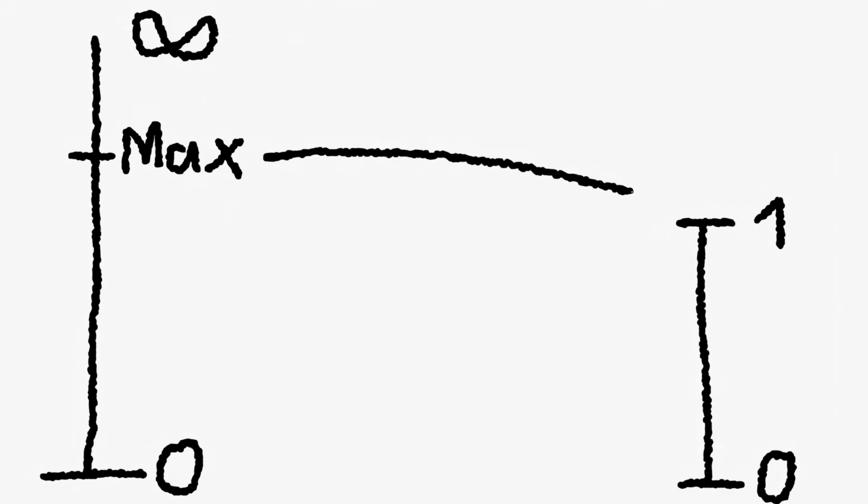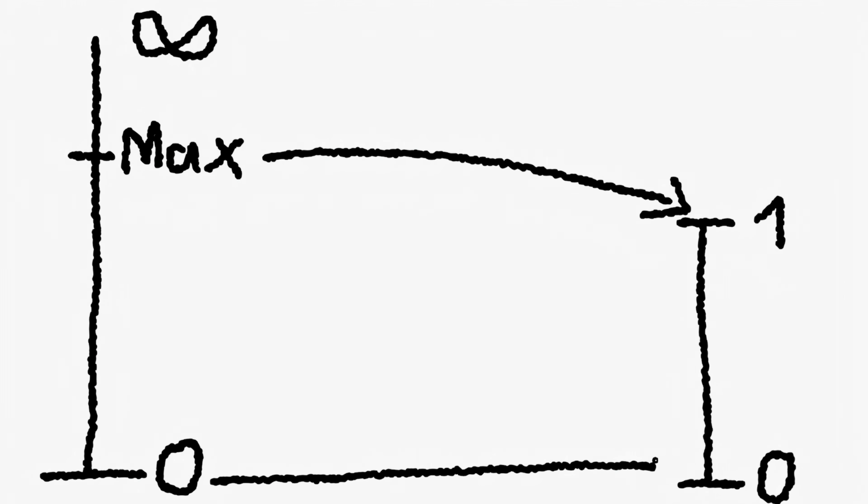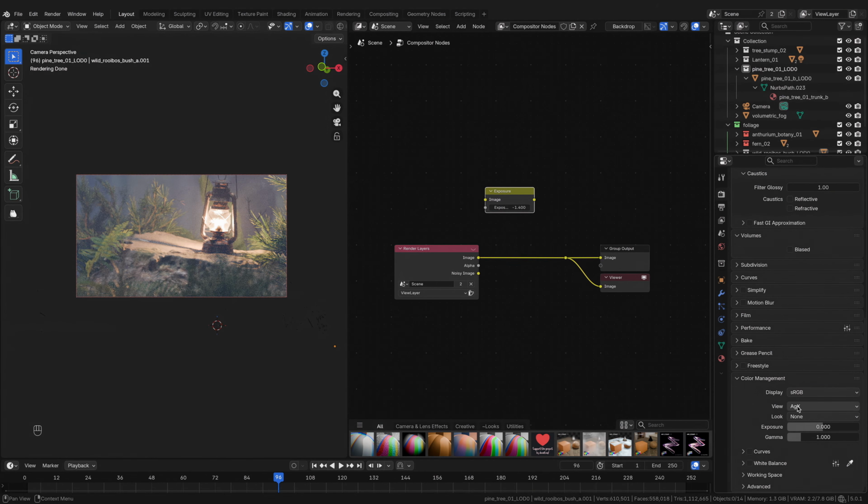And view transforms like AGX will map our linear brightness levels, which can range from 0 to infinity, into this much smaller range of 0 to 1. And the default AGX view transform works perfectly when using cycles and doing our post-processing in Blender using the compositor. But there is a trade-off.